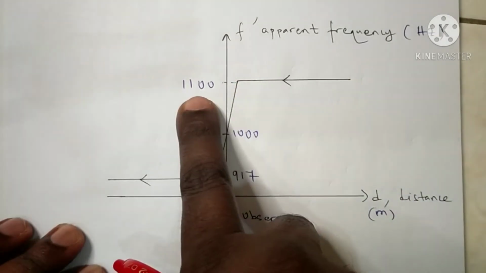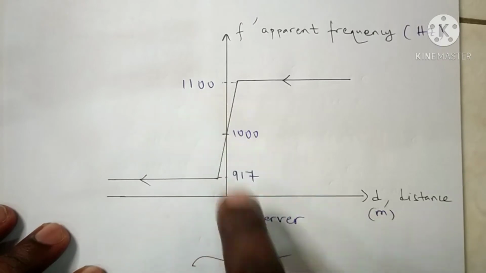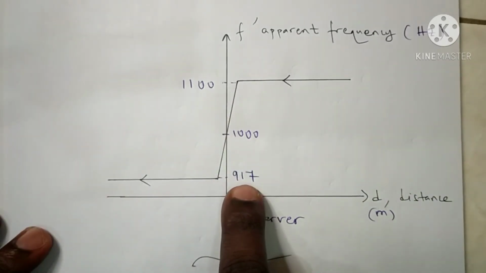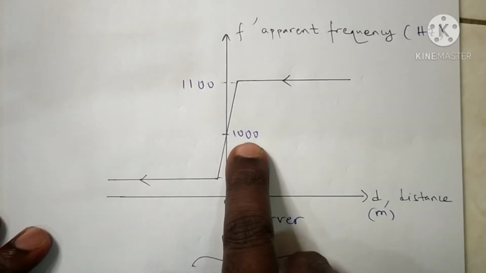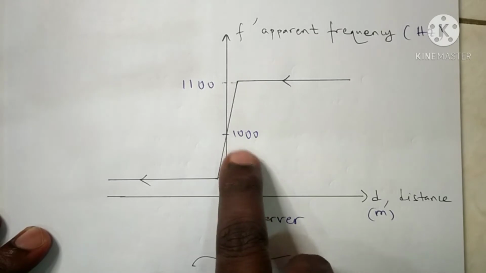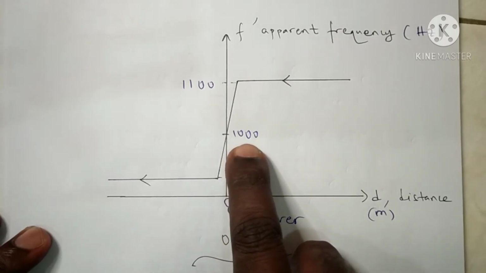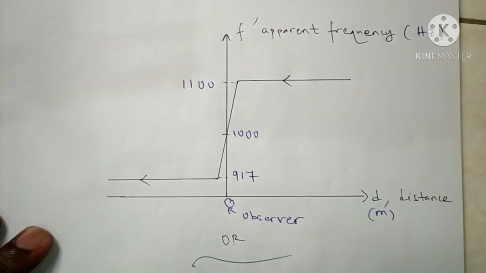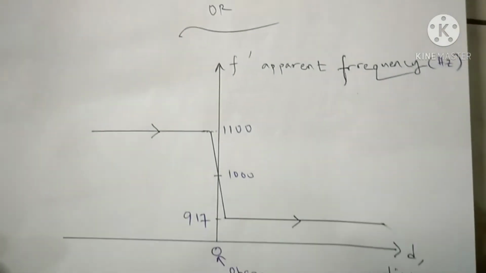You can see that the apparent frequency is 1100 Hz, and when the source is moving away, your apparent frequency is 917 Hz, where the actual frequency of the source is 1000 Hz, for the graph of apparent frequency against distance. Or you can put it in this way.